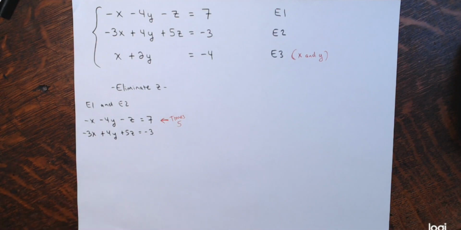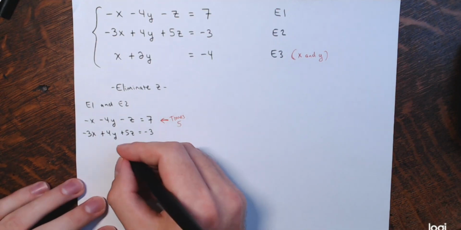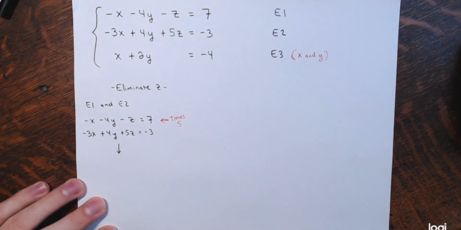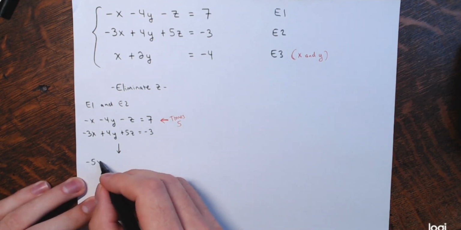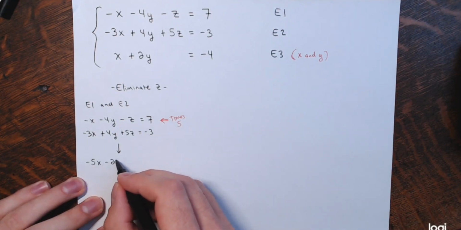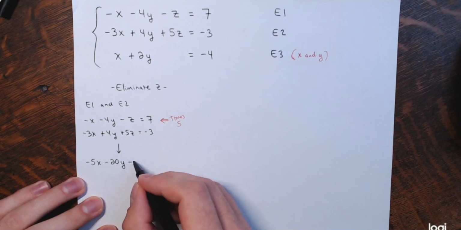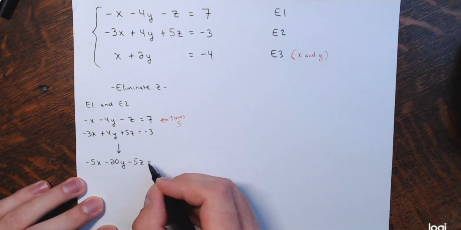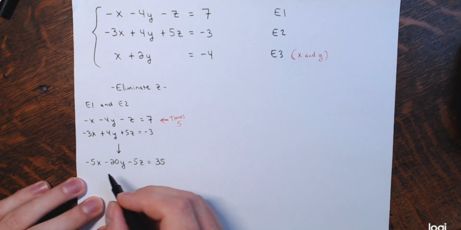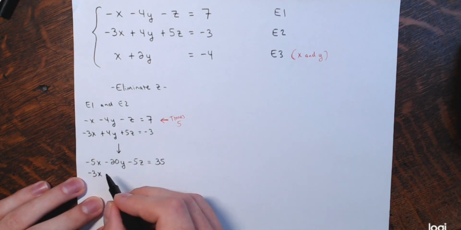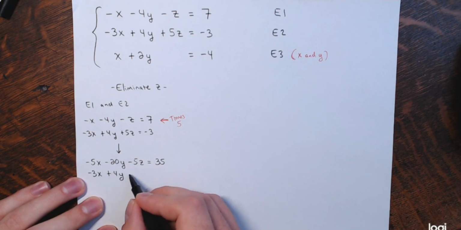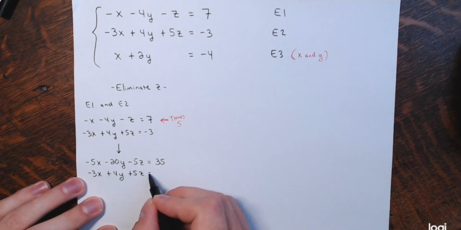Opposites for the coefficients of z. So after multiplying that top equation by 5, we get the following. We'd have negative 5x minus 20y minus 5z equals 35. And then the other equation, I didn't do anything to it, would be negative 3x plus 4y plus 5z equals negative 3.